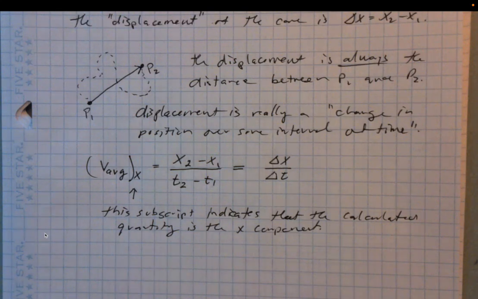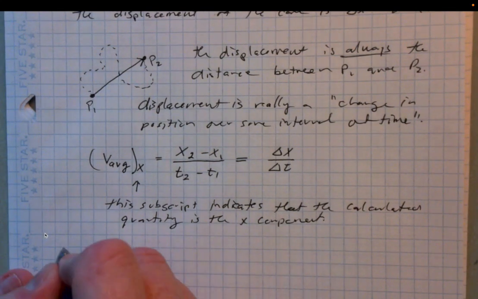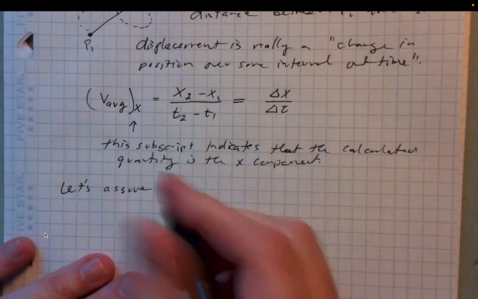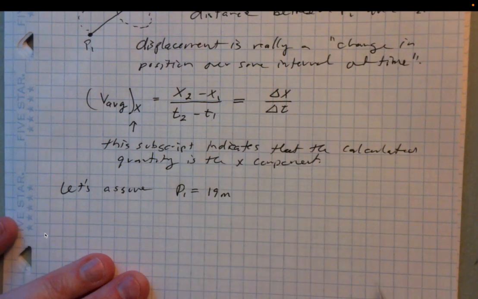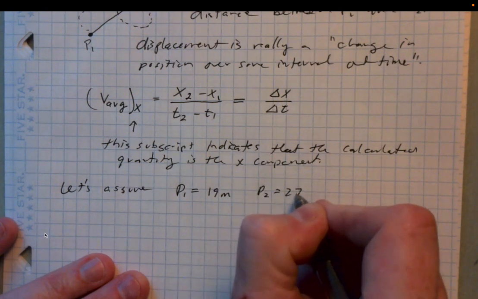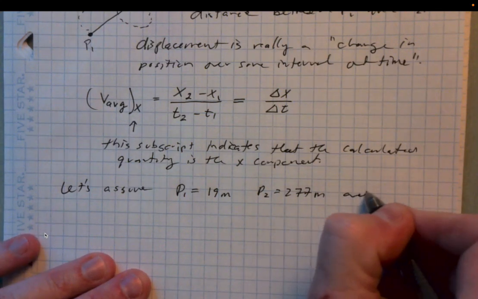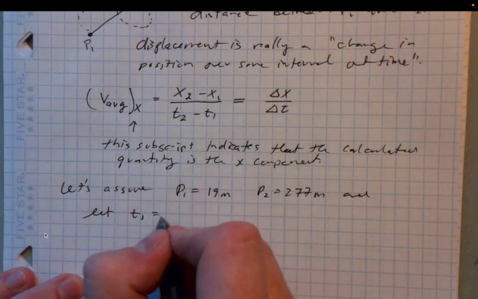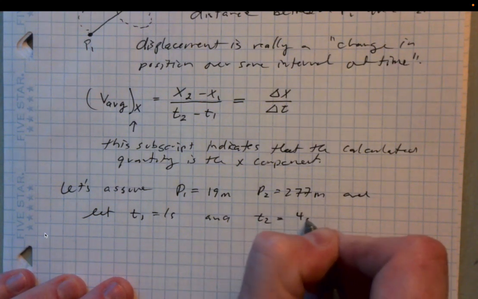Let's plug in some numbers and do some calculations. Let's assume that P1 is 19 meters from the origin, and P2 is 277 meters from the origin, and let T1 equal 1 second and T2 equal 4 seconds.